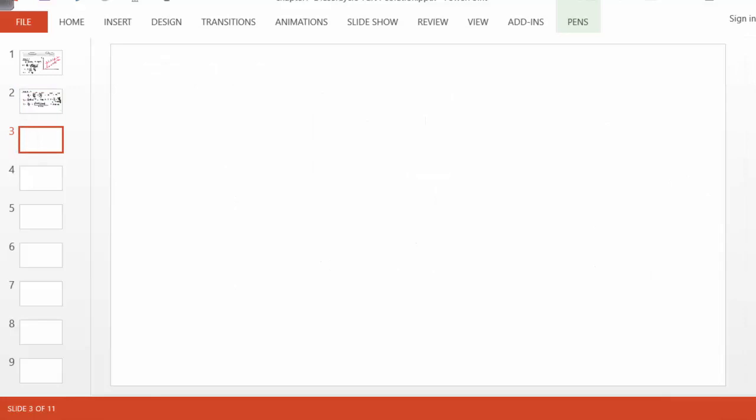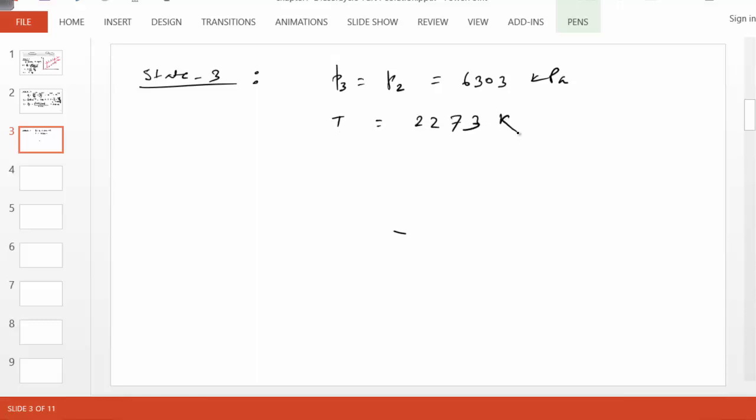State 3. The information supplied to us, we know for sure P3 equals P2, and we just calculated the pressure, 6303 kPa, and the temperature, I believe, is supplied, if you recall, 2000 degrees Celsius, which is 2273 Kelvin.